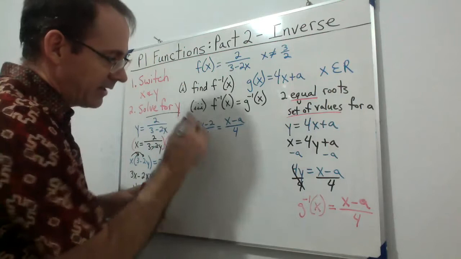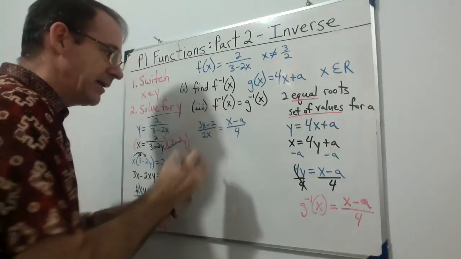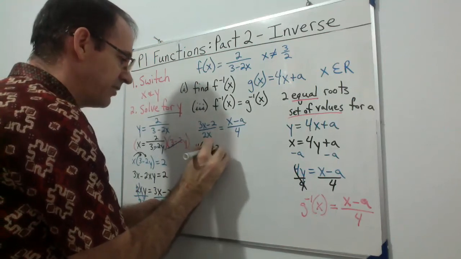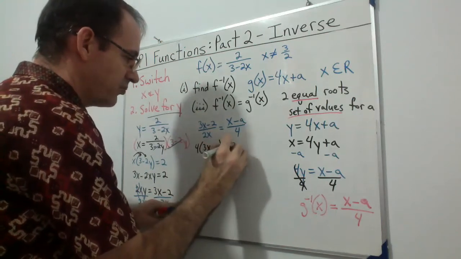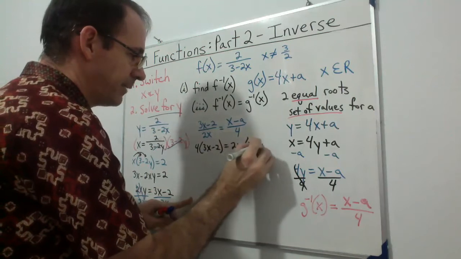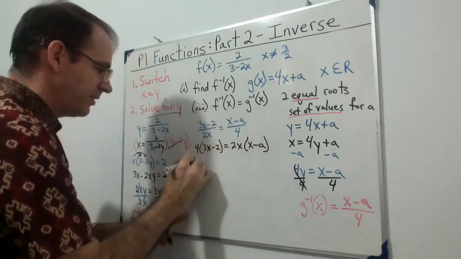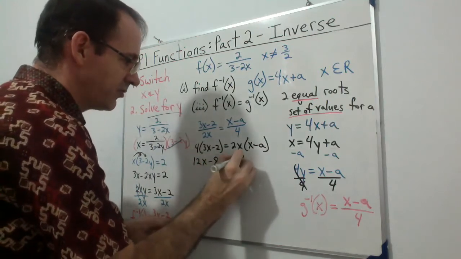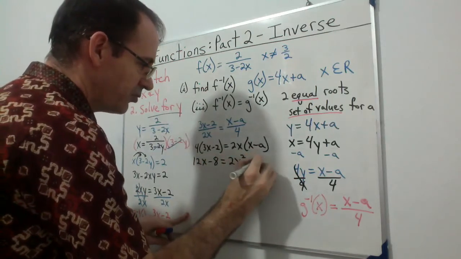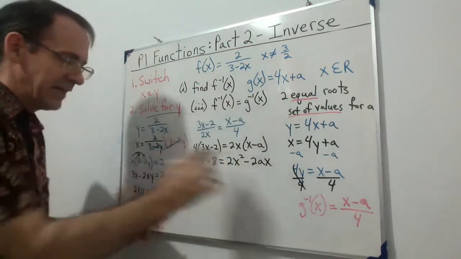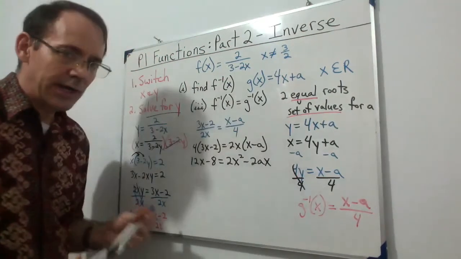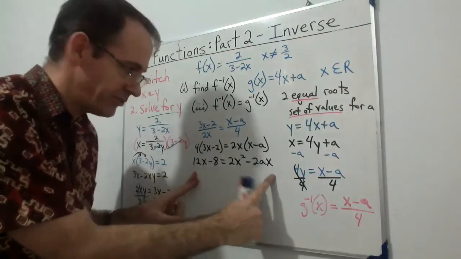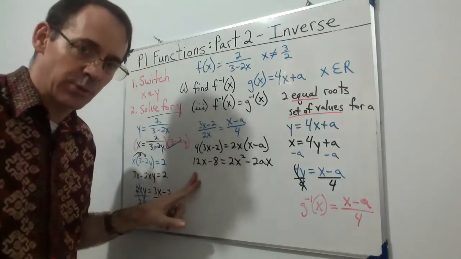So here again, we can do the cross multiplying. So we can take 4 times the 3x minus 2, and we can take 2x times x minus a. So that gives us 12x minus 8 equals 2x squared minus 2ax. Now at this point, you should recognize that we just went into the area of quadratics because you see this x squared.